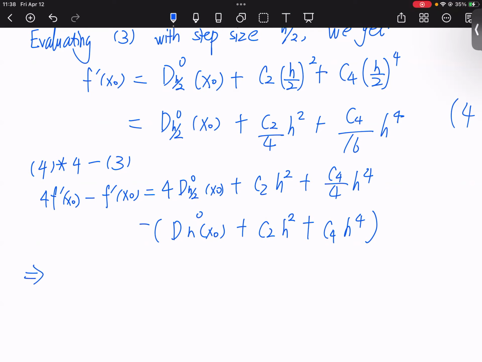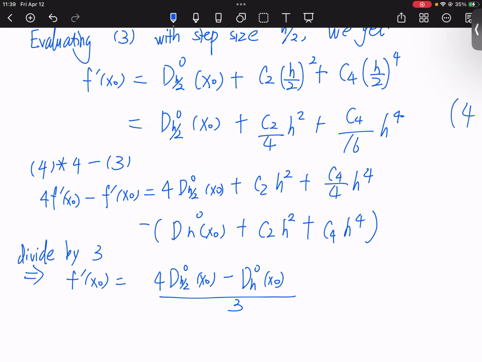On the left-hand side, we have 3 times the derivative of f, so I'm going to divide both sides by 3. On the left-hand side, I get just the first derivative. On the right-hand side, I get the formula: 4 times the half step size center difference formula, minus the full size center difference formula, divided by 3.